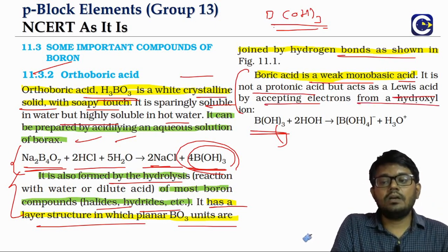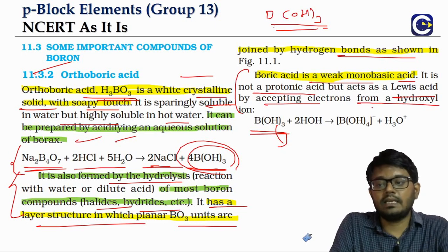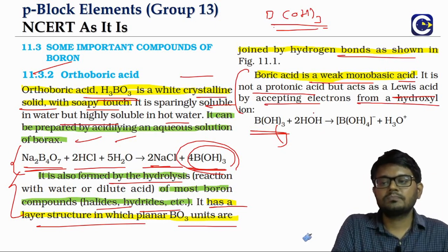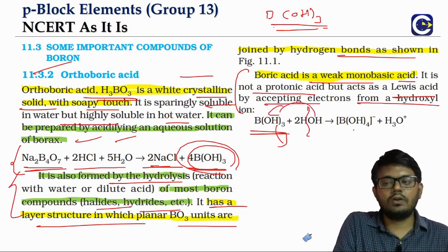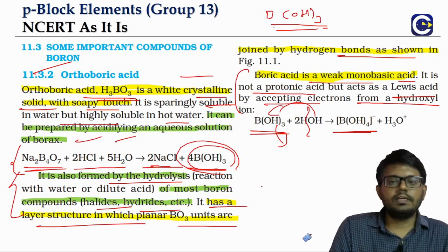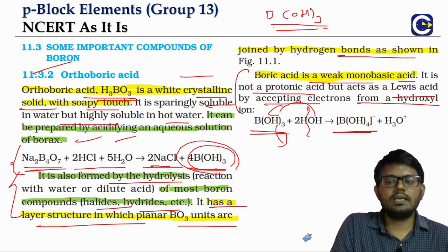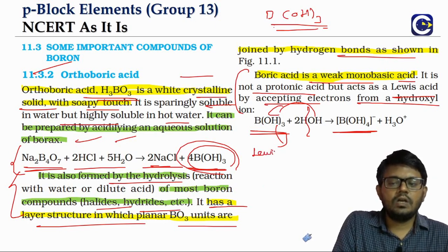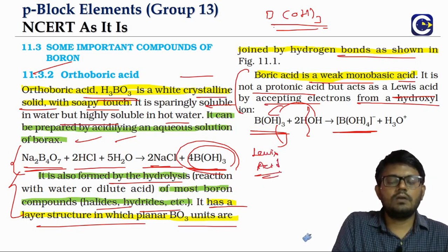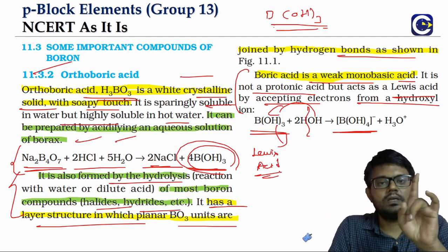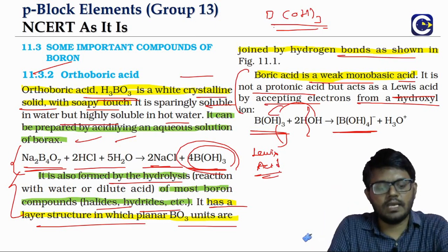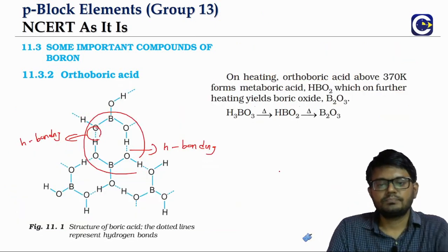When it is dissolved in water, it will accept electrons from the hydroxyl ion, thereby forming this B(OH)4 minus unit. So you can see here the orthoboric acid is acting as a Lewis acid and not a protonic acid. And why is it monobasic? Because it will be able to accept one pair of electrons from the hydroxyl ion. That is why it is monobasic.